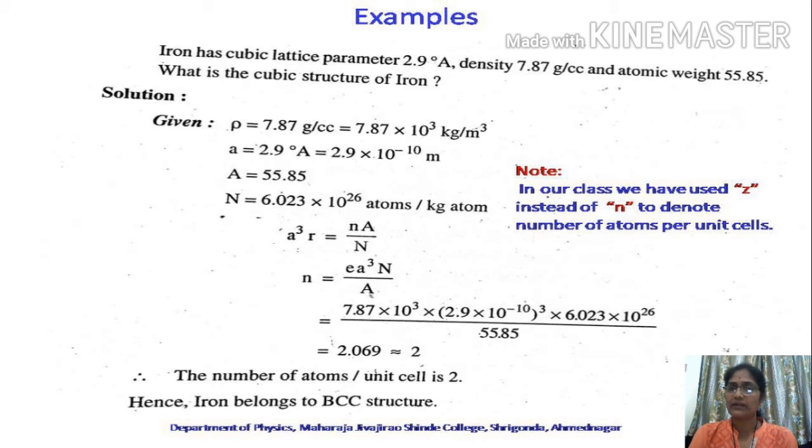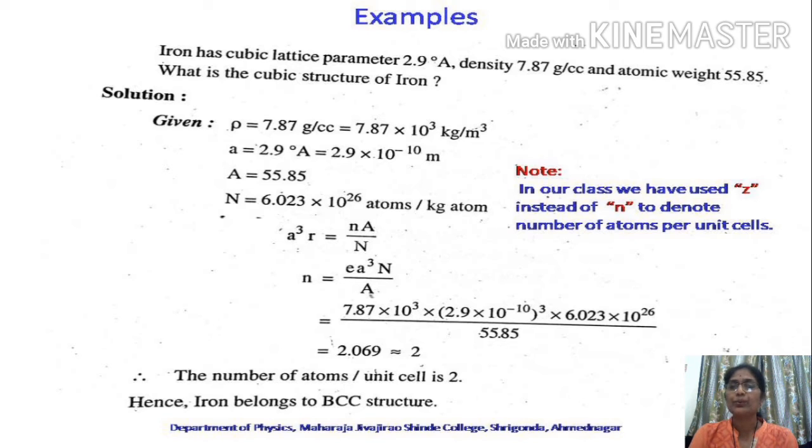Let's find the given. In given, rho is equal to 7.87 gram per cc. It is given in CGS unit. How to convert it in MKS? By multiplying it with 10 raised to 3, you will get kg per meter cube. Then a value is given as 2.9 angstrom. As we have taken rho in kg per meter cube, you have to take a in meter.